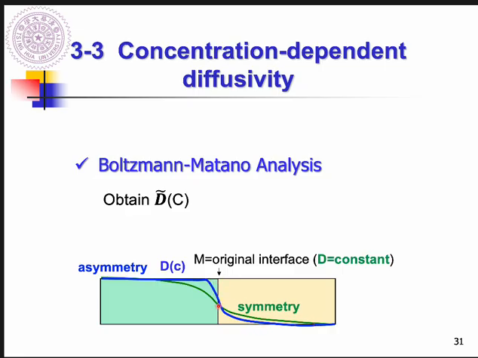We can observe that at the higher concentration part, which means we have a high concentration of A atoms, the atoms move a shorter distance than the A atoms at the lower concentration side, because you can observe that the A atoms can penetrate deeper.